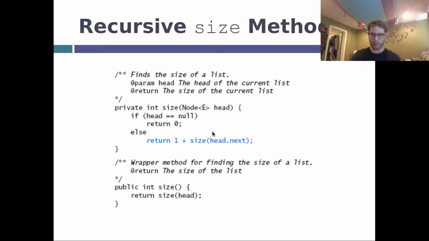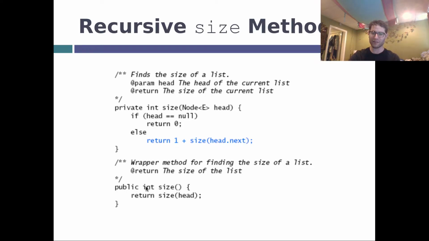So here we have a recursive size method. Now notice we have 2 of them. We have this wrapper method, which is what the user, or the developer, is going to call, so that they don't have to deal with the internal way that this works. They don't have to provide any of the arguments for it to work recursively.